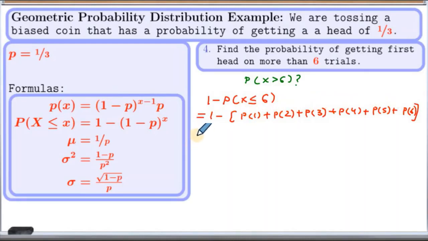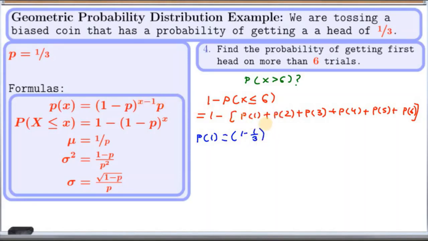First, start with the probability of 1. Our p is 1 over 3, and for this one, our x is 1. Since we have our p and x, all we will be doing is substituting those values in this formula here. On doing that, we get 1 minus 1 over 3.